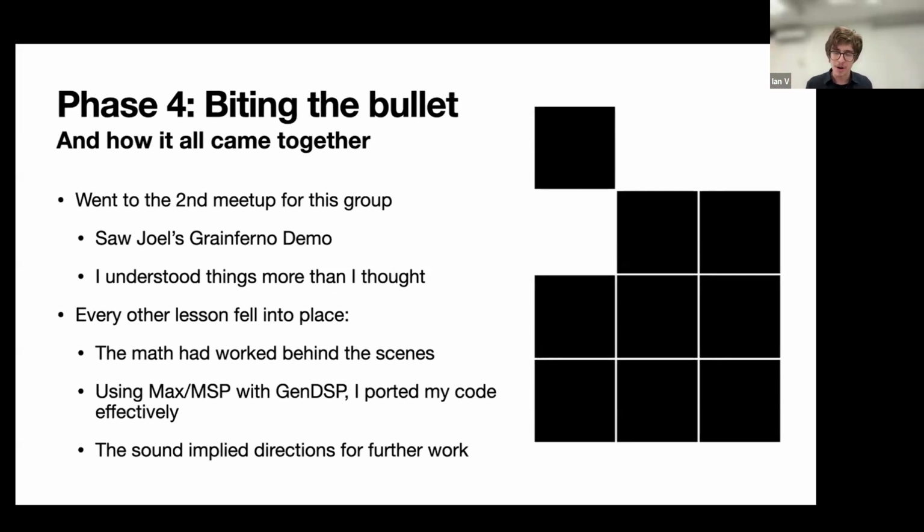I went home from there, and the day after, downloaded the framework that I was going to use. I downloaded JUCE. I set everything up. And then as I finally start putting all the pieces together, I'm realizing that all of the lessons that I had been learning throughout the process start falling into place.